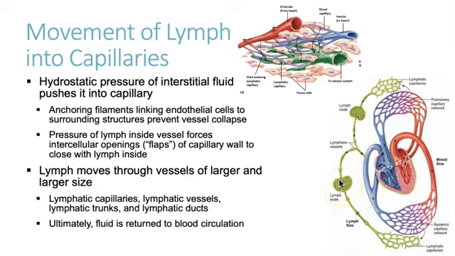Then it leaves through efferent lymphatic vessels, makes its way over to lymphatic trunks, which will eventually merge and become a lymphatic duct, which will then enter the venous system. So we're going to go through all of these structures step by step, and ultimately we see that that lymph, which is a fluid, is returned to our blood circulation.